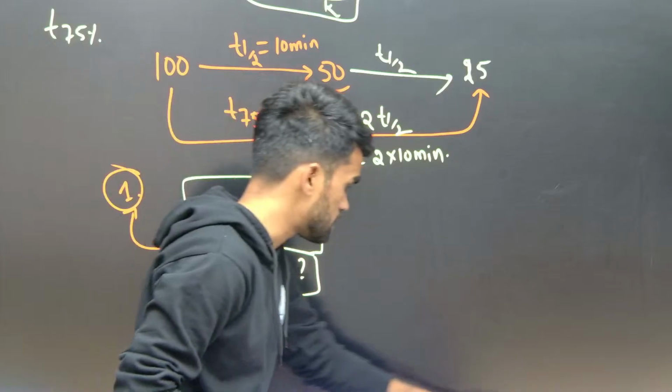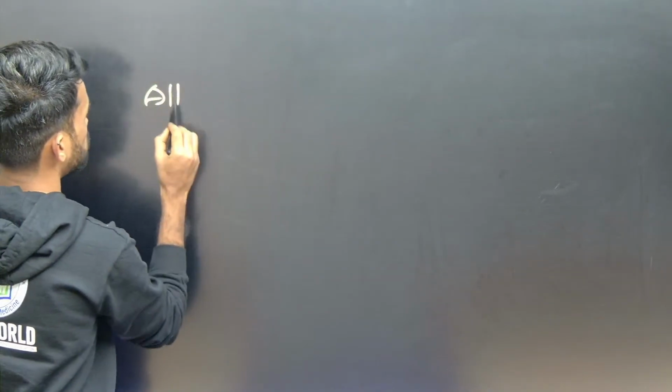Okay, and one more thing you need to remember here: all radioactive reactions are first order reactions. Therefore, we can find the age of a particular wood, a particular sample, or ancient things by using first order reaction kinetics.